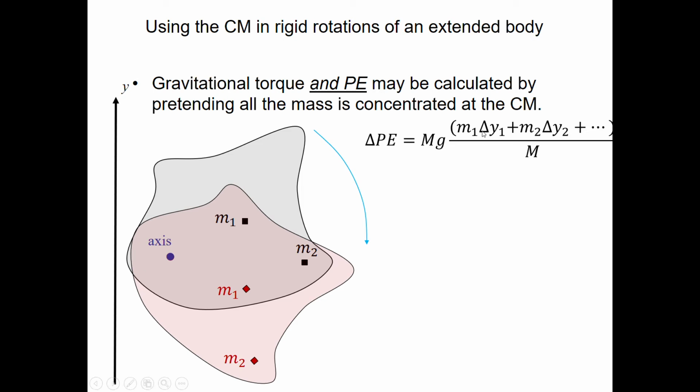So if I simply multiply by the total mass of the object and divide by the total mass of the object, what's on the right-hand side here in this ratio is the change in the y-coordinate of the center of mass. And so the change in potential energy is the total mass times g, the total weight of the object, times the change in the y-coordinate of the center of mass.